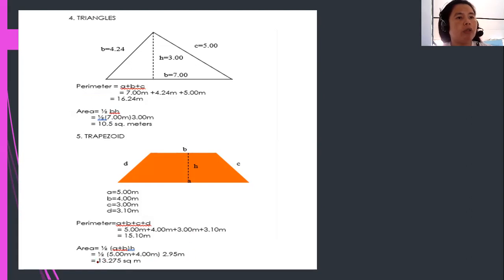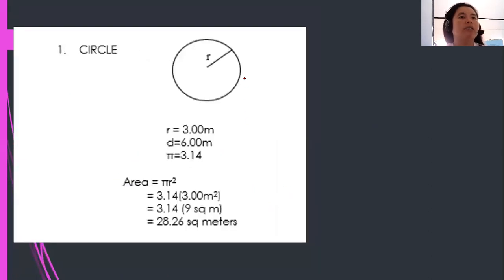You must add first 5 plus 4, which equals 9. And then you multiply 1/2 times 9 meters times 2.95 meters. So the answer is 13.275 square meters.